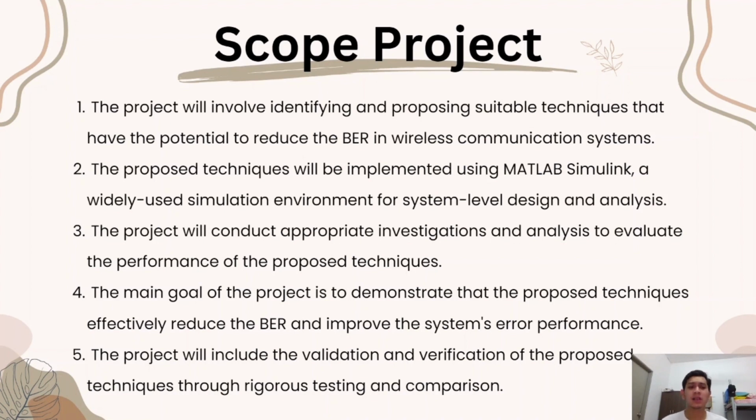The third one is that this project will conduct appropriate investigation and analysis to evaluate the performance of the proposed techniques. Next, the main goal of the project is to demonstrate that the proposed technique effectively reduces the BER and improves the system error performance. And the last one is that the project will include the validation and verification of the proposed techniques through rigorous testing and comparison.